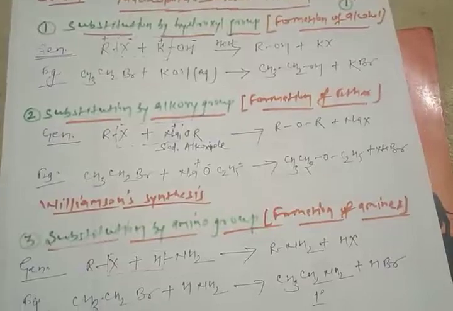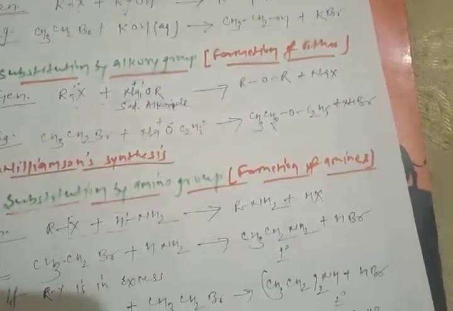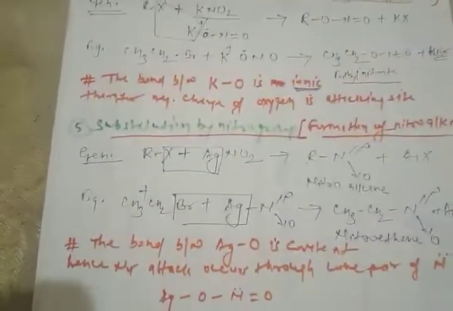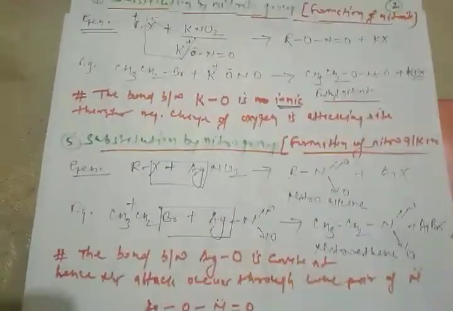So now we have one more example, and that is again very important in terms of conceptual understanding, like the conceptual understanding about the bond formation. So let's start the discussion of that reaction. This is page number 3.